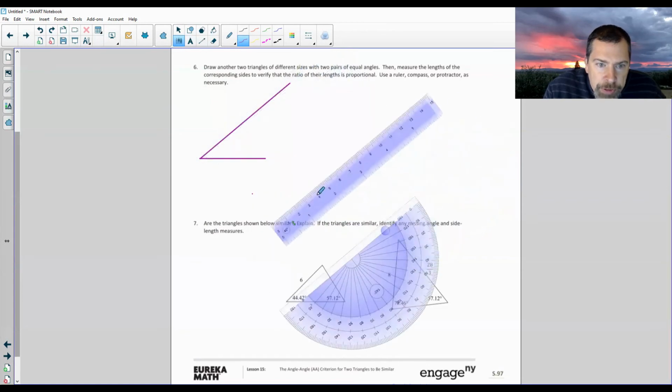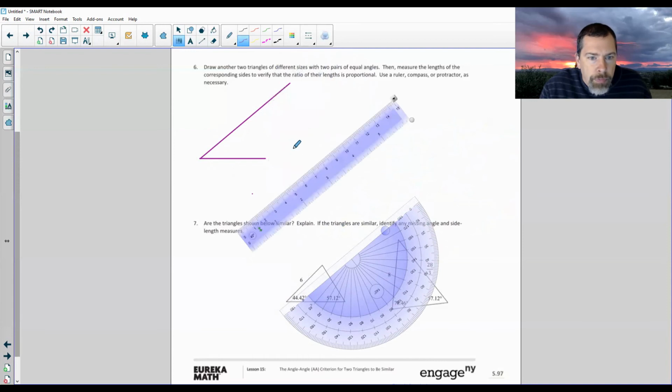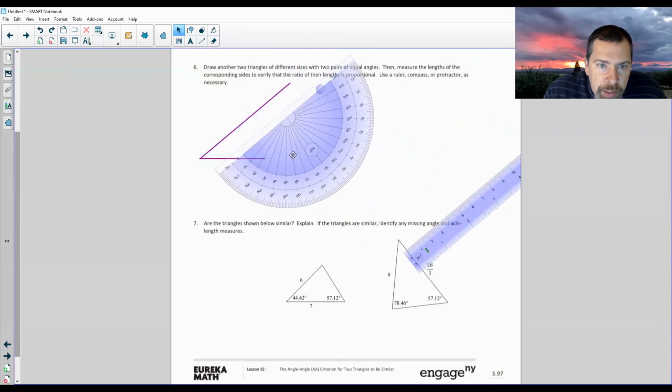So I take my ruler. One thing I forgot to do is mark my line segment, so I don't know where that 40 goes. So how about I do this again? Let's put a dot.